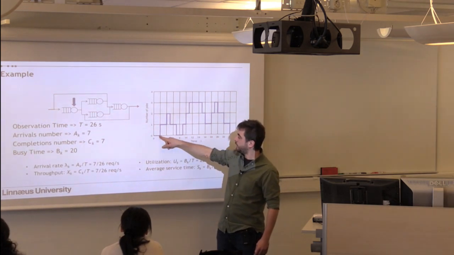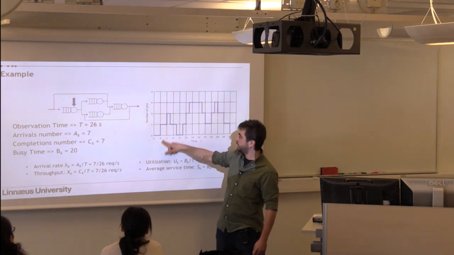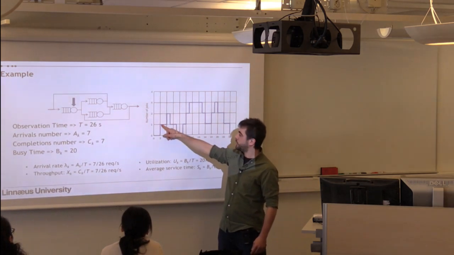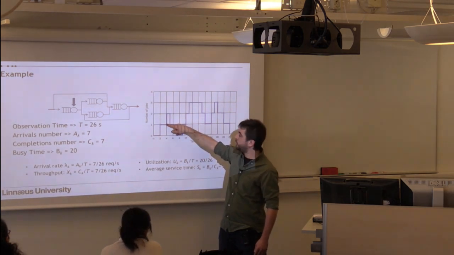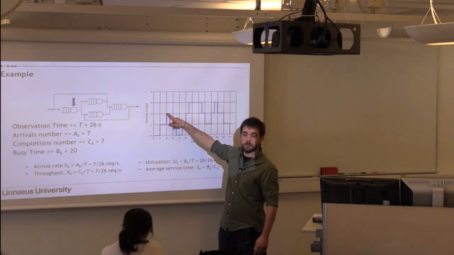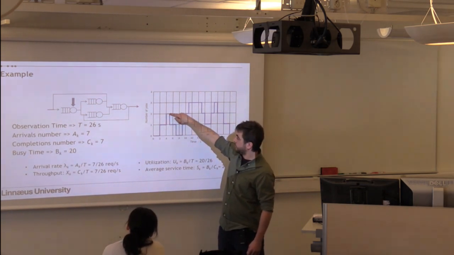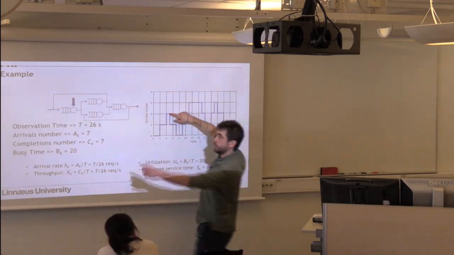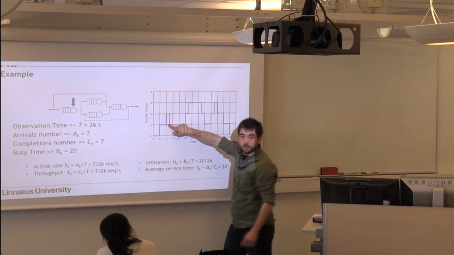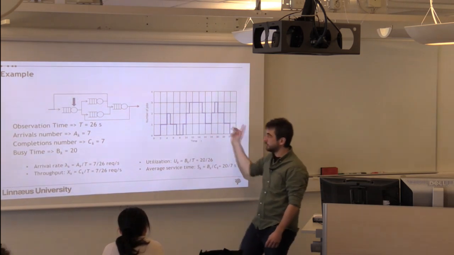In the second second, a job arrived. During the third and fourth, the job was there and nothing happened. At second number 4, another job came. During 4 and 5, there were 2 jobs. At second number 5, one of the jobs finished. So we had again 1. You understand this?